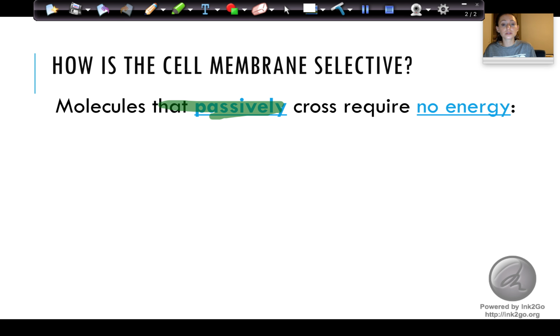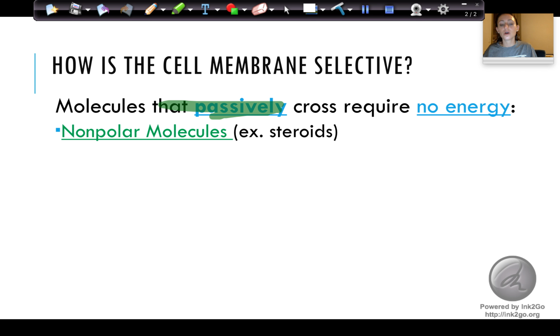Small molecules, can they squeeze their way through? Or will very large molecules be able to fit through? So passive transport, no energy. Let's see what can go through without energy. We have nonpolar molecules. If you flip back a couple slides, we know two more synonyms for nonpolar molecules. And then, this one's more intuitive, small molecules like water can squeeze their way through.